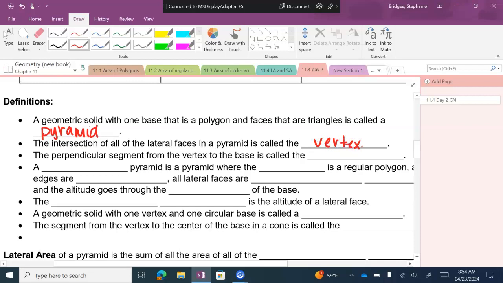The perpendicular segment from the vertex, okay, so imagine in here in the middle of the pyramid, is called my altitude. Okay, it is perpendicular to the base and it has to come to the vertex there.